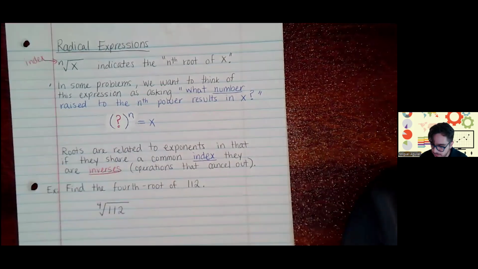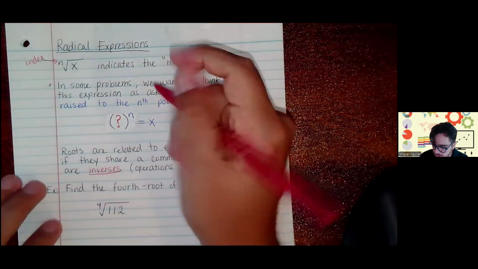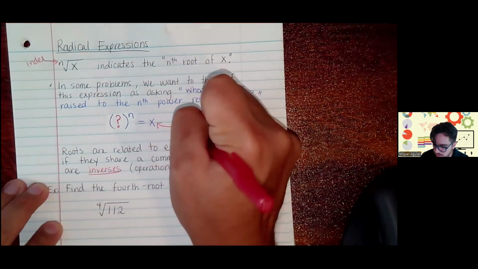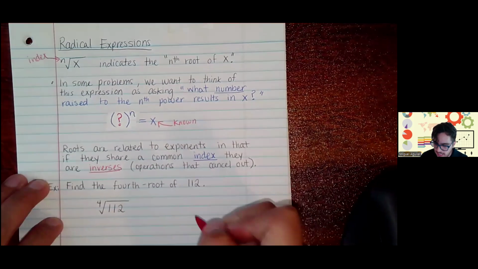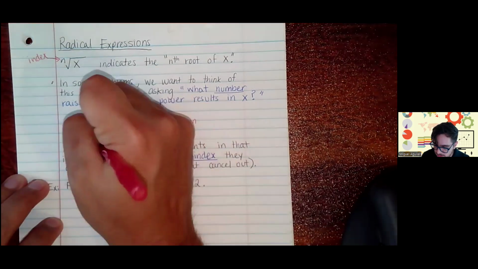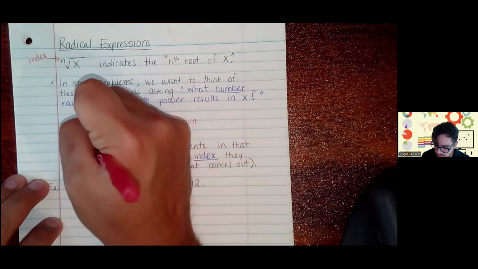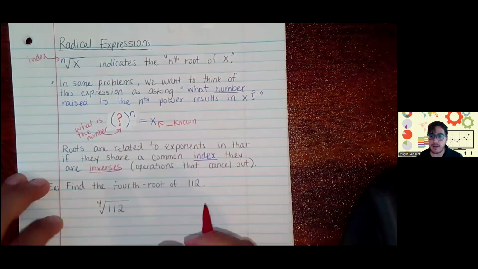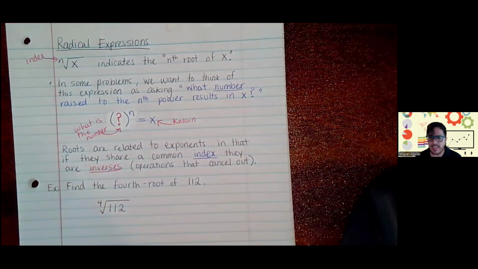Usually we're solving for x, but in this example, the x is going to be a known value, given by the problem. What we're trying to solve for is this number inside the parentheses, written as an expression with an exponent.